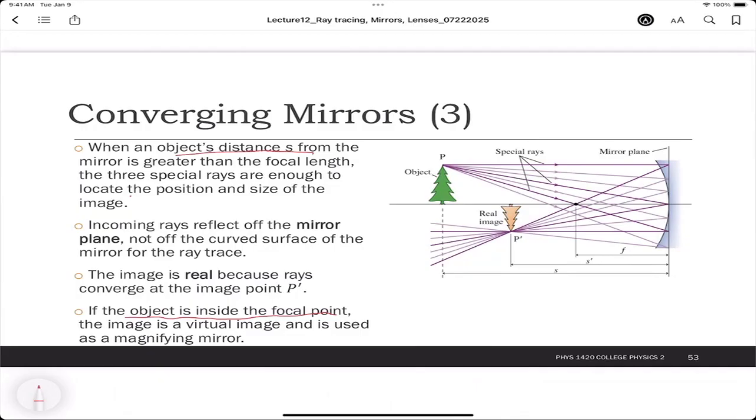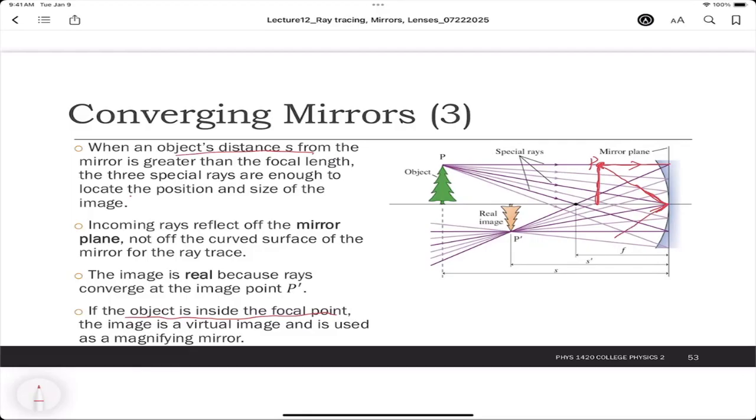You can see if the object is here, inside the focal point, then we can draw this special ray. For example, from this point P, the ray goes to the center point and is reflected at the same angle.